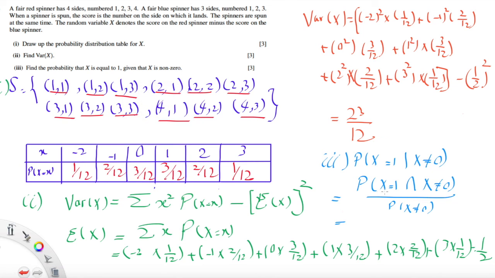Here x is equal to 1 and non-zero, so the intersection of these two, the common part, will be x is equal to 1, because x is equal to 1 satisfies both conditions. So probability of x is equal to 1 is 3 over 12. Probability of x not 0 will be these cases, 1 over 12 and 2 over 12, and all these together will be 9 over 12, so it will be 3 over 9, which simplifies to 1 over 3.